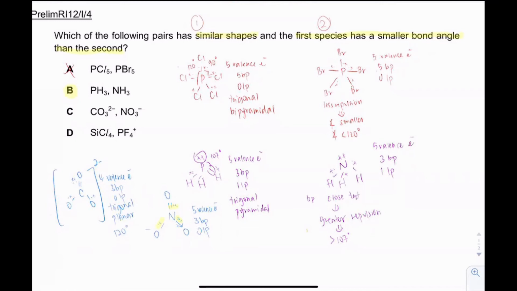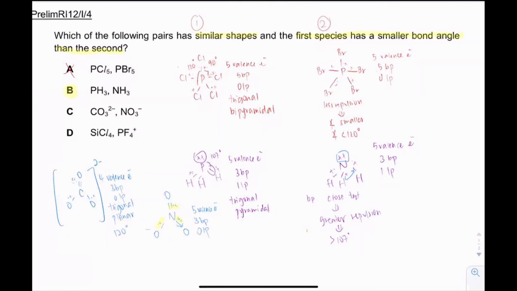So in this case, we have to determine which one is a better answer. So when we are comparing the options in B, in NH3, when you have greater repulsion between the bond pairs, it can space further apart because there is no bond pair. Here is a lone pair. Hence, there's nothing restricting it from moving further apart.